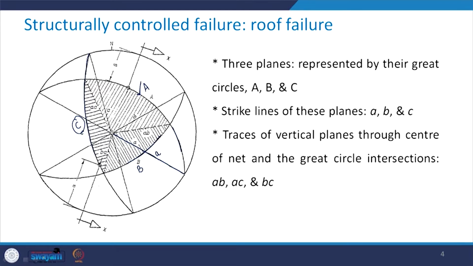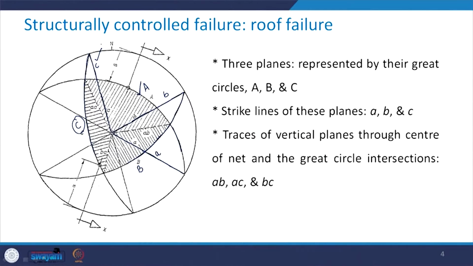This is the great circle for plane B. I join this with the center and this gives me the strike line of plane B, and join this, you will get the strike line of plane C, which I am representing by small c.